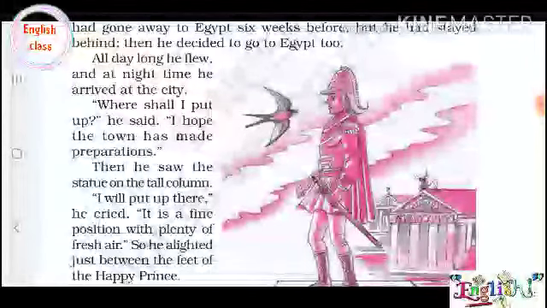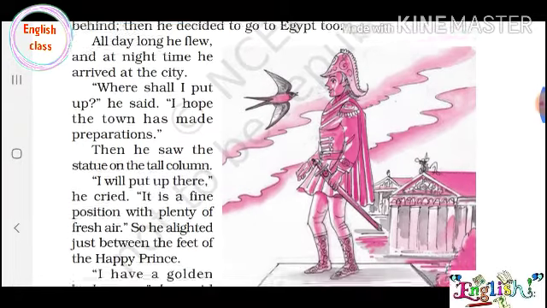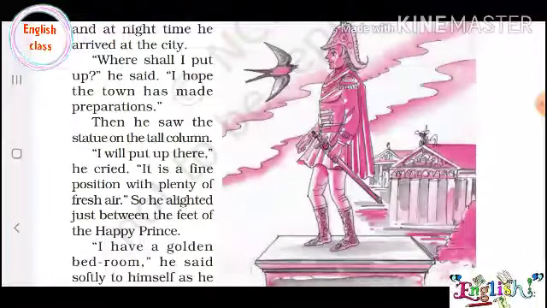Then he saw the statue on the tall column. When the swallow reached the town of Happy Prince, he saw a tall column, and he thought himself that I will put up there. He cried, "It is a fine position with plenty of fresh air." So he alighted just between the feet of the Happy Prince. Here, alighted means flew down and sat.